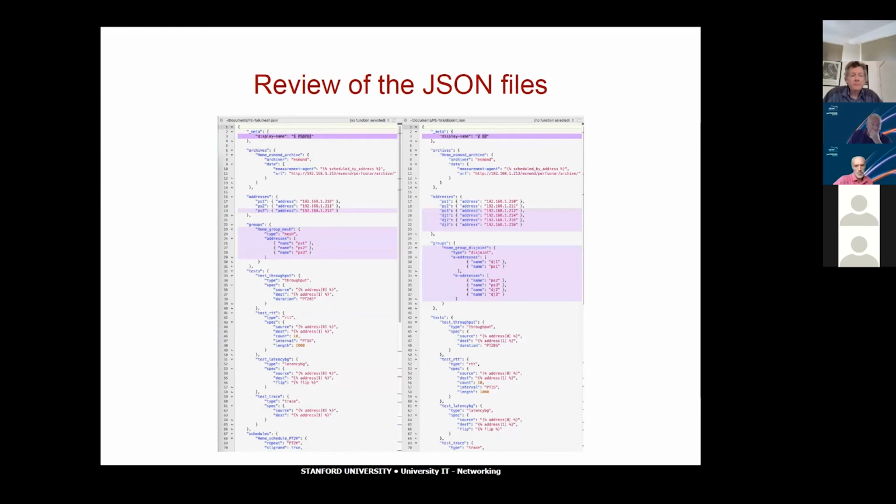So here's a diff of the 2 JSON files. The one on the left is the full mesh JSON file. It's just 3 hosts by 3 hosts, but it illustrates how meshes are put together. The file on the right is a disjoint file, and it highlights a little bit of the differences.